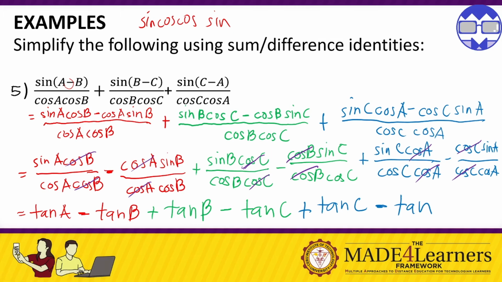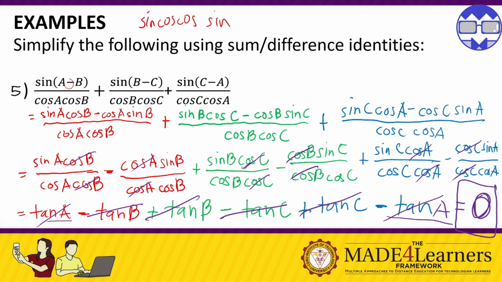We have negative tan B and positive tan B, so we have 0 here. Tan A minus tan A also cancels to 0. We have negative tan C plus tan C, so this is also 0. So finally the answer is 0.